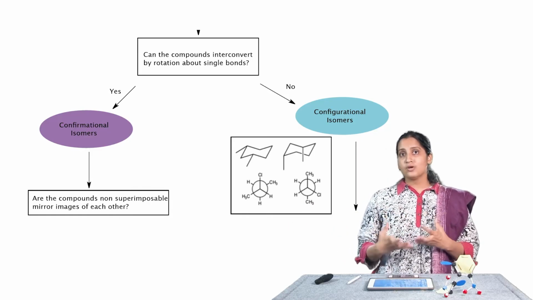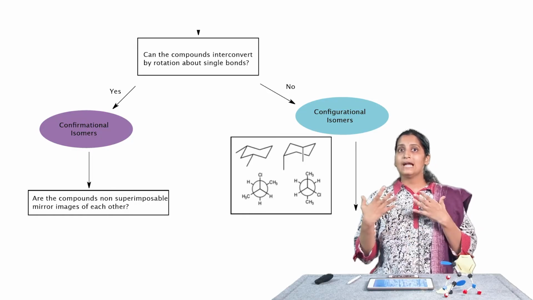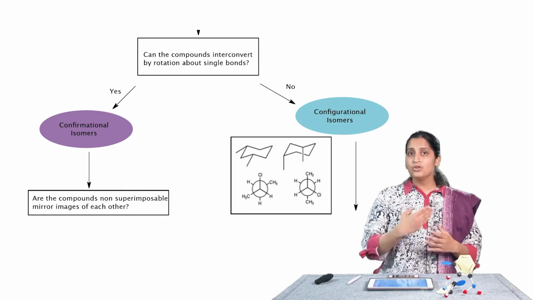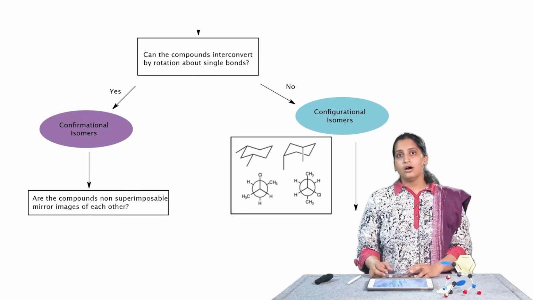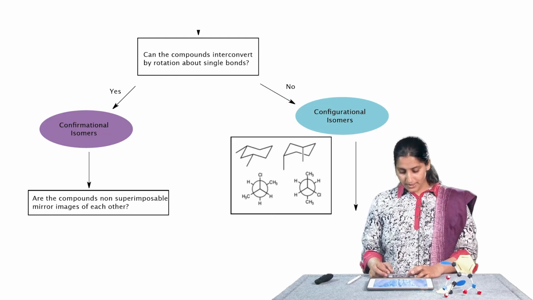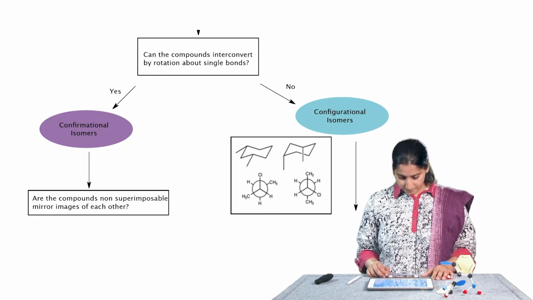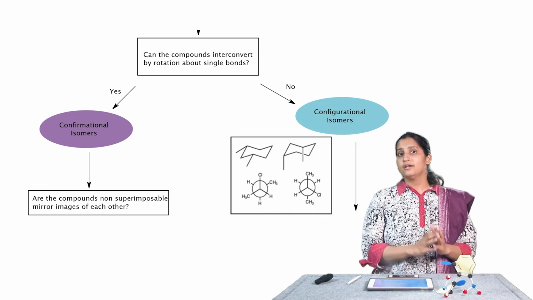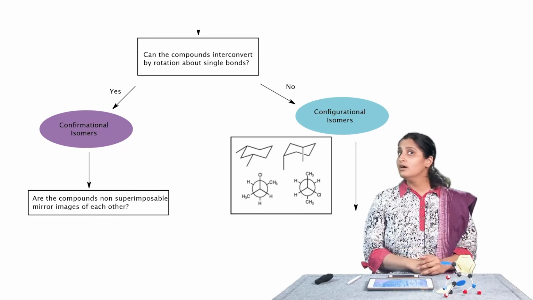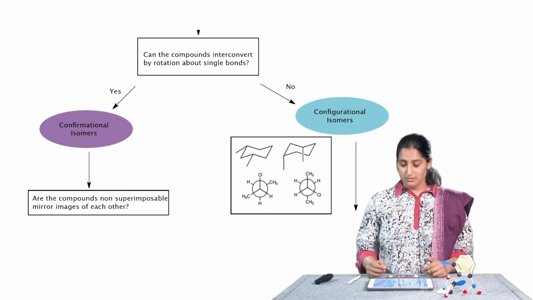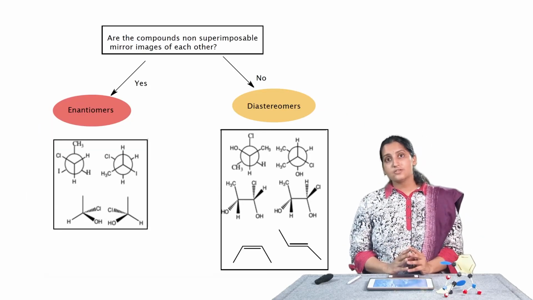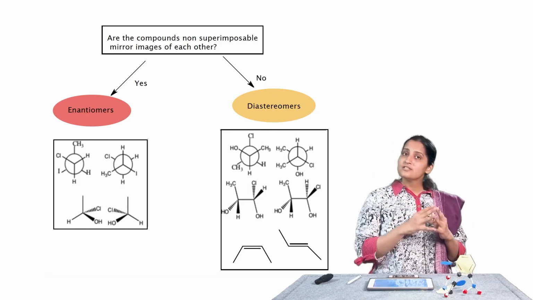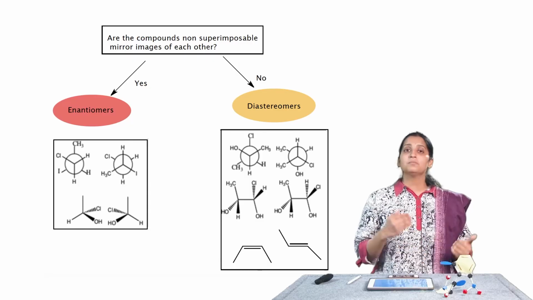But if they cannot rotate along a carbon-carbon single bond and cannot interconvert between each other, then the answer is no, and we get to configurational isomers. They are either a pair of enantiomers or a pair of diastereomers, and you cannot interconvert them by rotation of a carbon-carbon single bond. Enantiomers are non-superimposable mirror images.